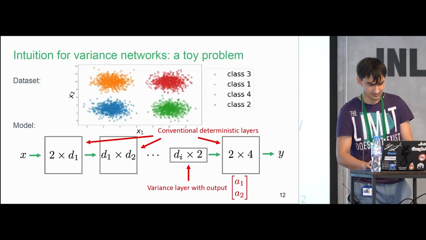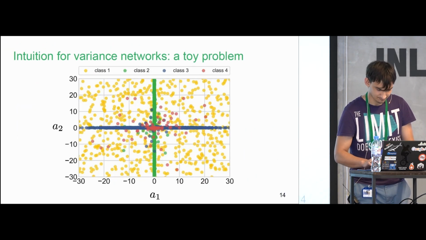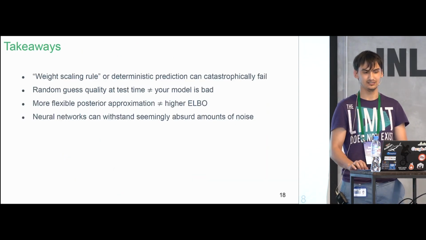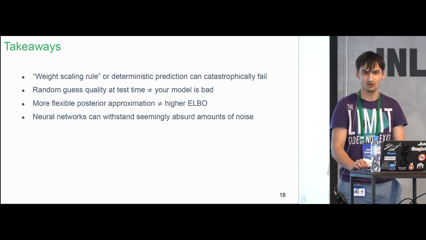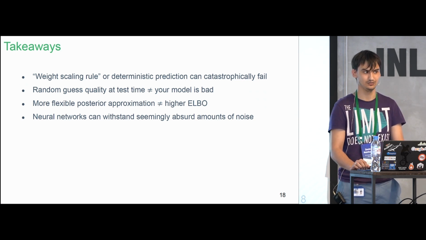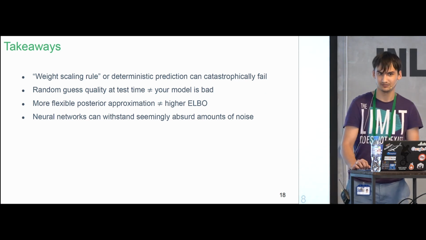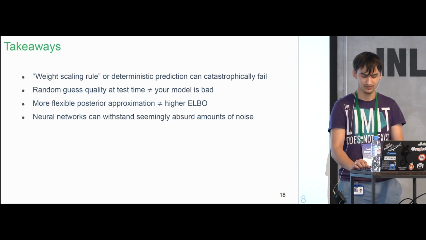Okay, so this is a very strange model. This is an example where the weight scaling rule, which is extremely common in deep learning, can catastrophically fail. This weight scaling rule usually applies to most stochastic computation graphs that you see. For example, if you use dropout, you use the weight scaling rule.